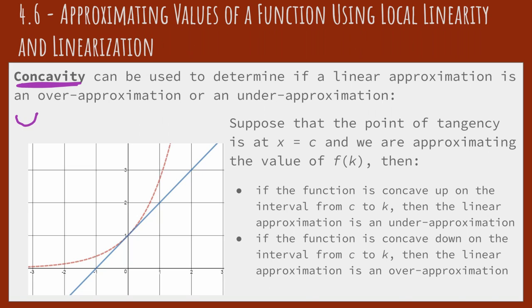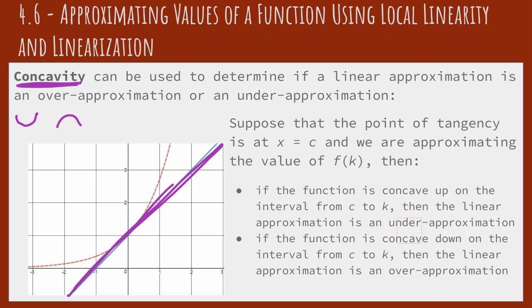Concave up is going to look more like a U, and concave down is going to look like an upside down U. So if a curve is concave up, like this e to the x curve is here, then when we graph the tangent line it is going to be below.